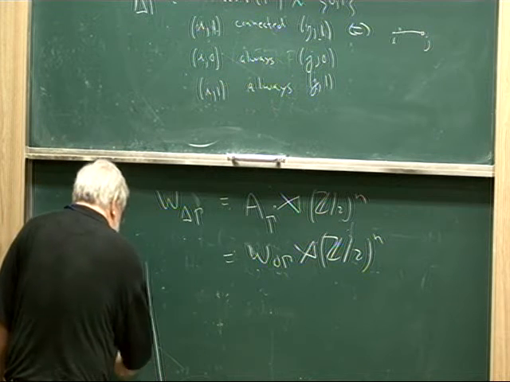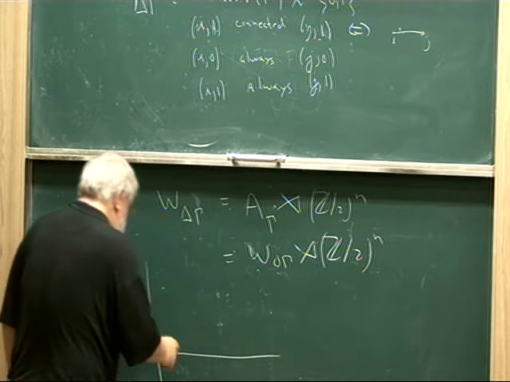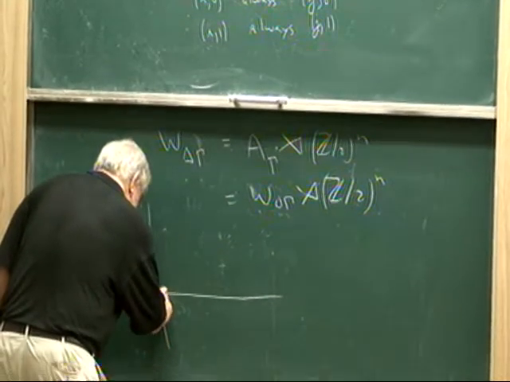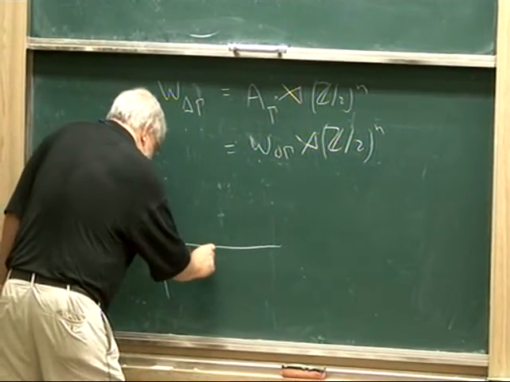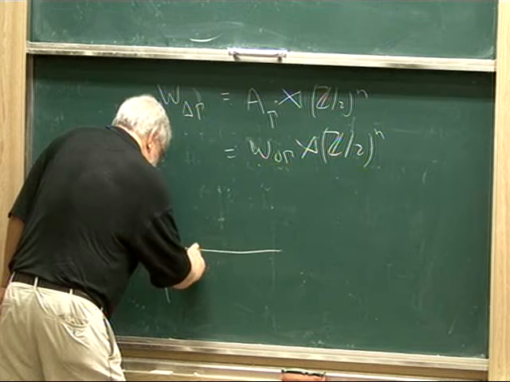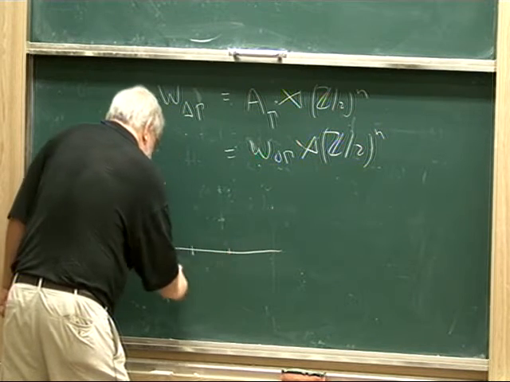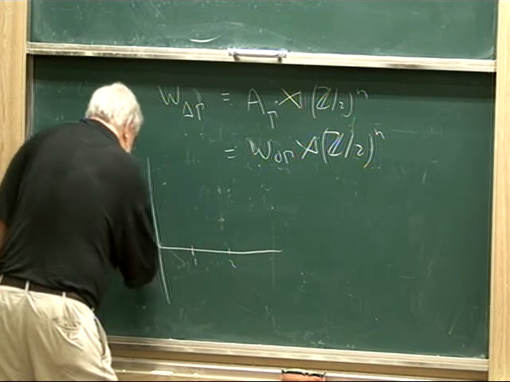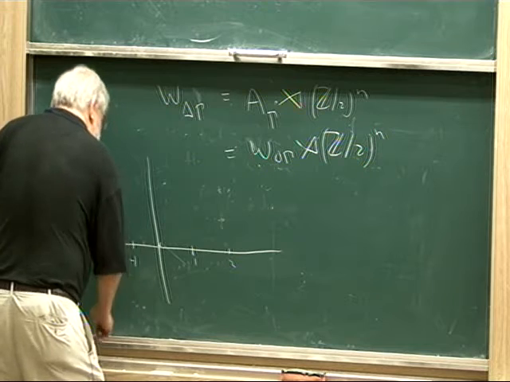The picture I like to draw is this: the real picture for the universal cover of the two torus, with 1 and 2, and here's -1.